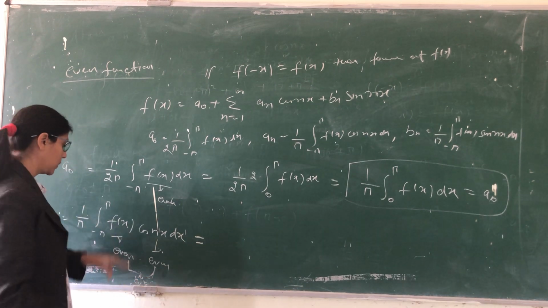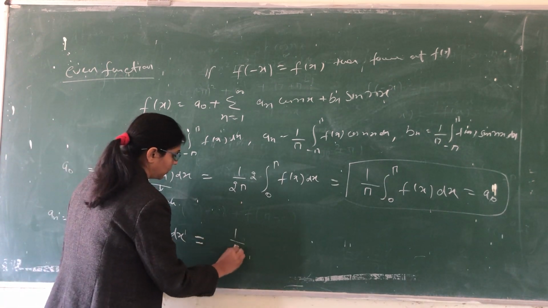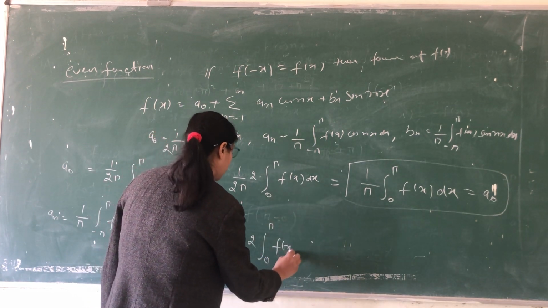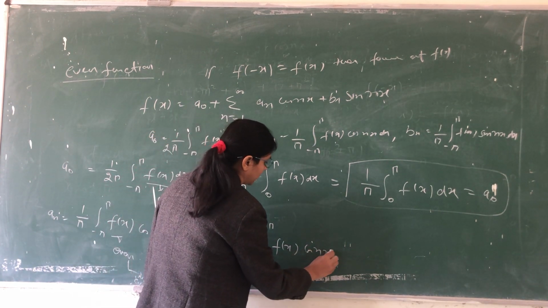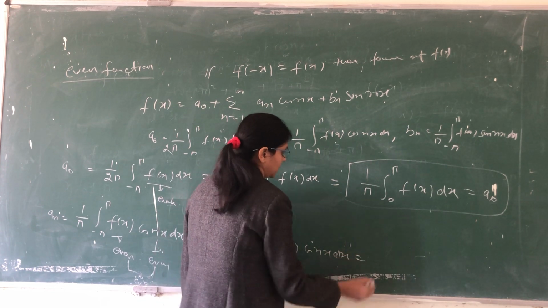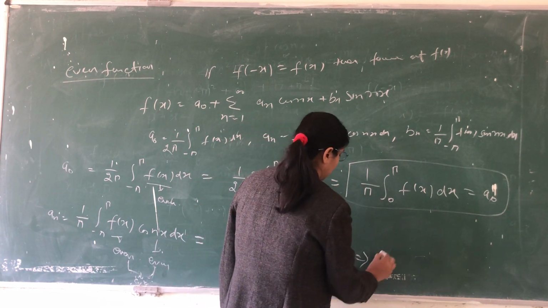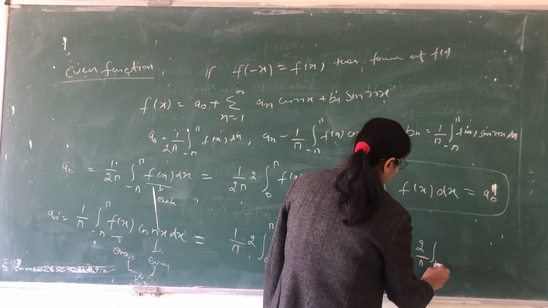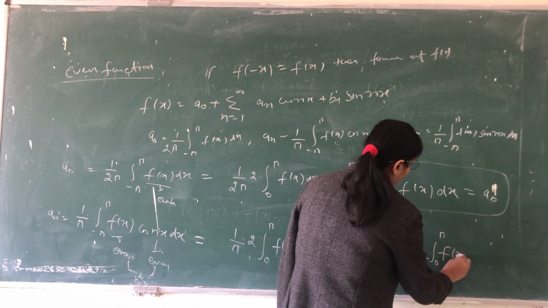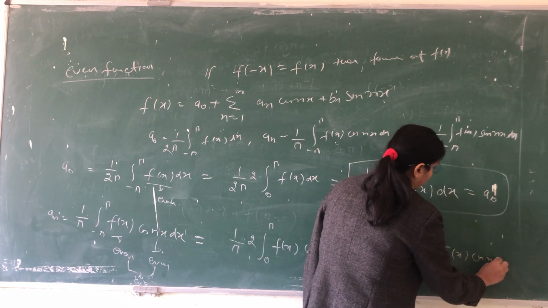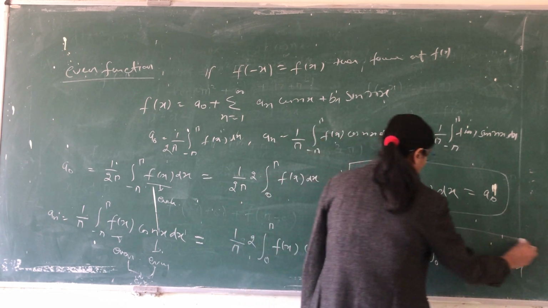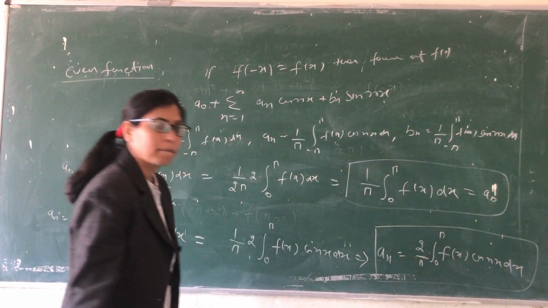So applying the property of integration, it can be written as 1 upon pi twice times 0 to pi f of x cos of nx dx. Either we can say that an equals to 2 upon pi 0 to pi f of x cos of nx dx. This is your an when the function is even function.